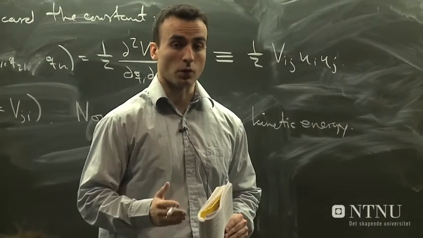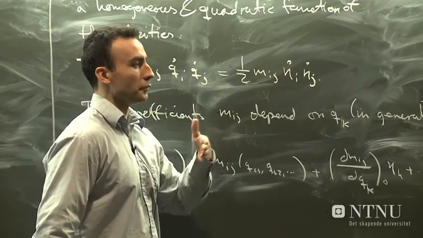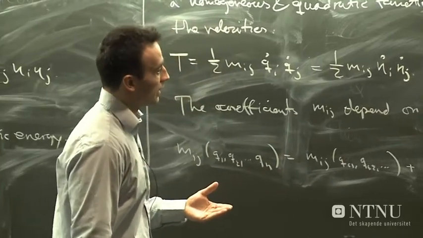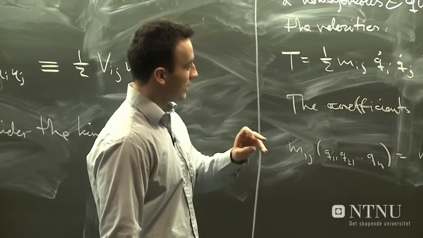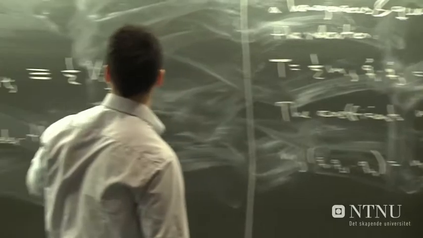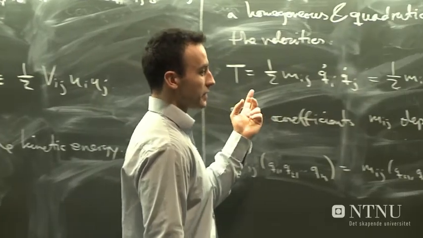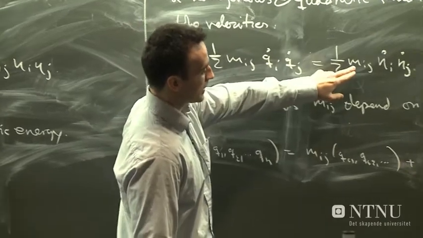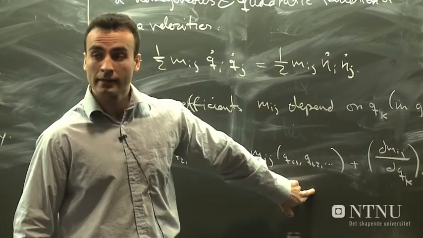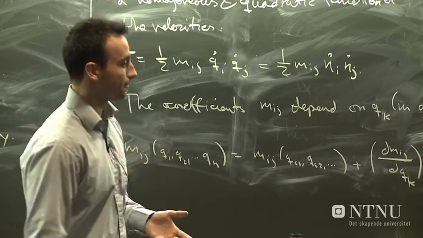Now we have a potential energy that we have written up to second order in these perturbations from equilibrium. So we should keep the same order terms in the kinetic energy as well. Here, the potential energy is second order in these quantities. Now the kinetic energy is already second order in these. So we only have to include this lowest order term in the mass in order to get a second order expression in the kinetic energy.